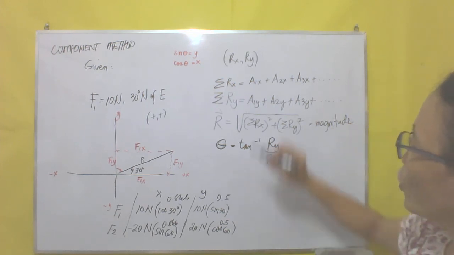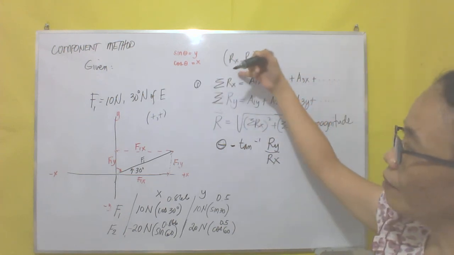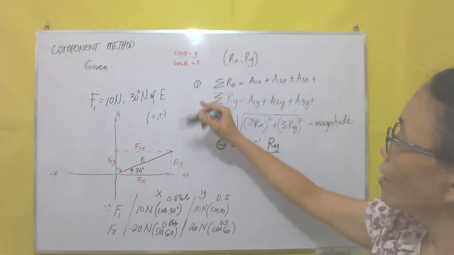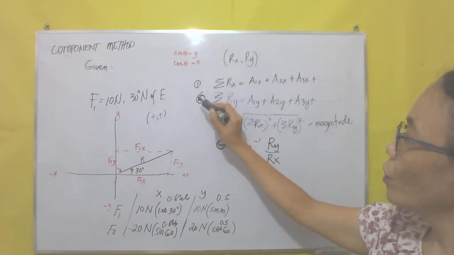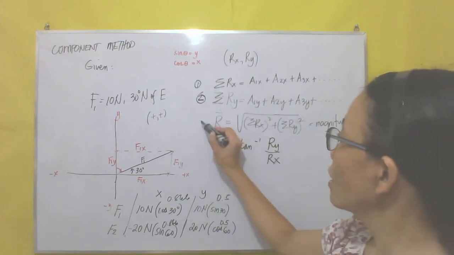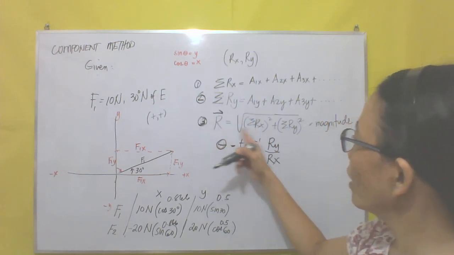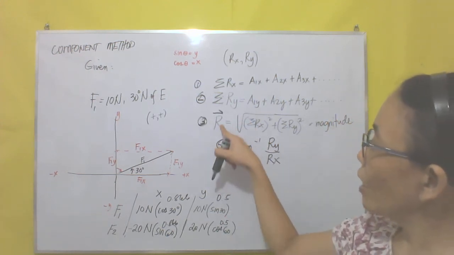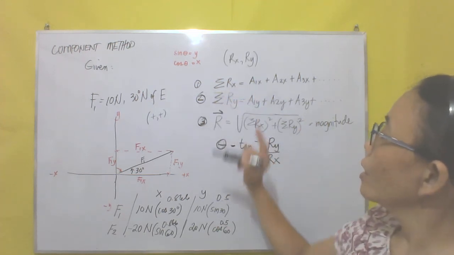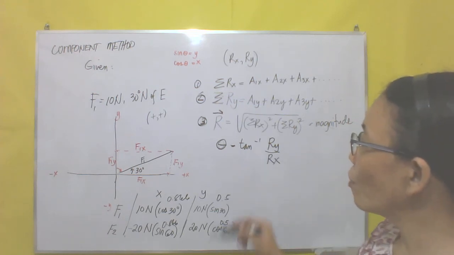So how many equations do we have? Solve first the sum of the x components, then the sum of the y components of the vectors. Next, solve for the magnitude: R is equal to the square root of the square of the summation of Rx plus the square of the summation of Ry.